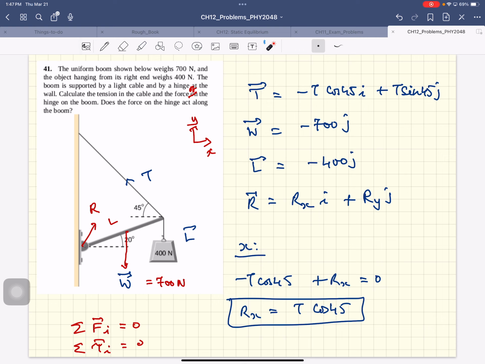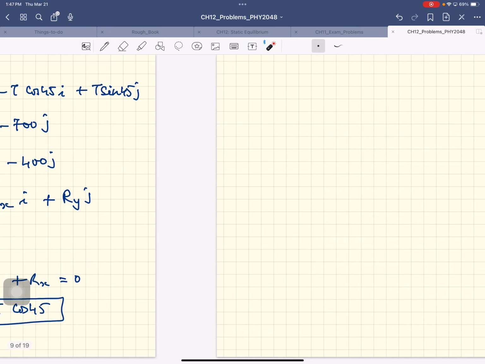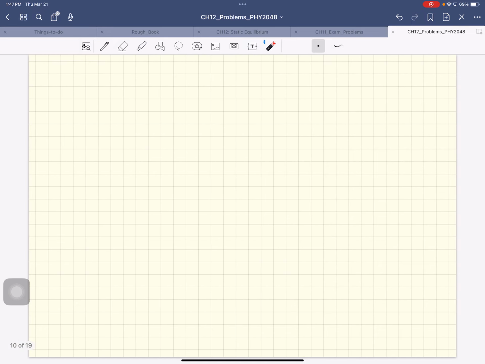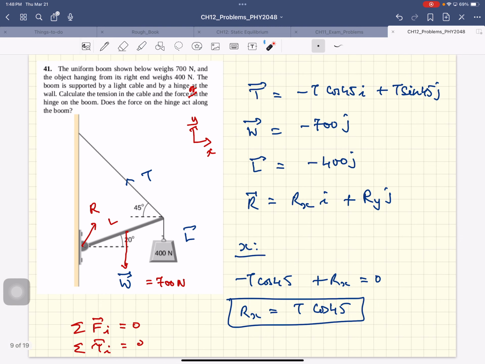Now let's do the y component. The y component of this plus the y component of that is balancing these two forces. You guys understanding this? Okay.